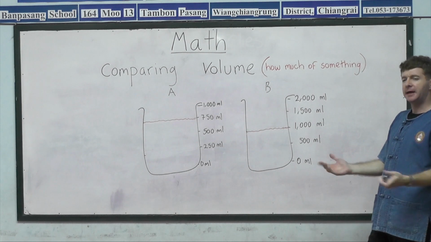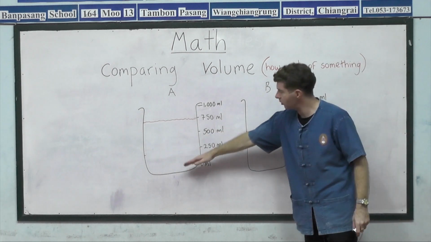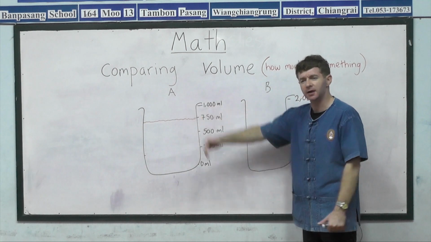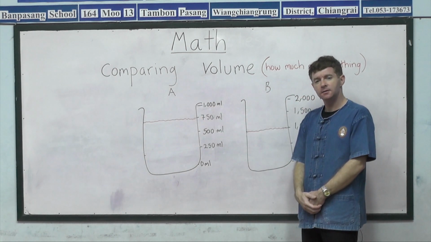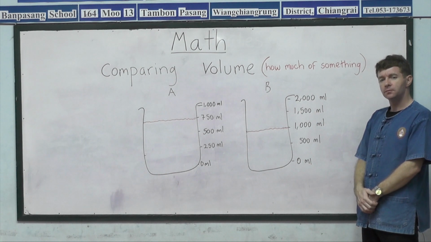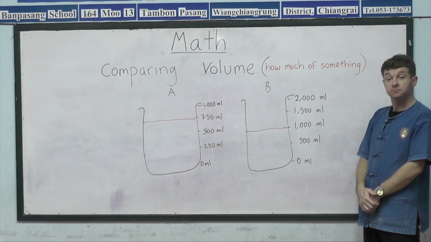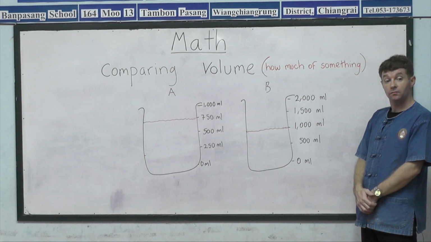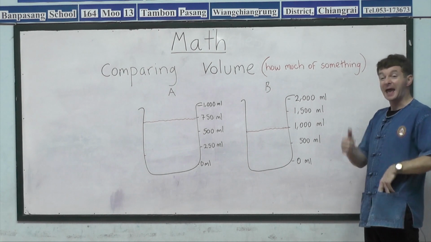B. But why B? Because the water level is higher in container A. Why does B have the greater volume? 1,000 milliliters. Yes. Excellent, guys.